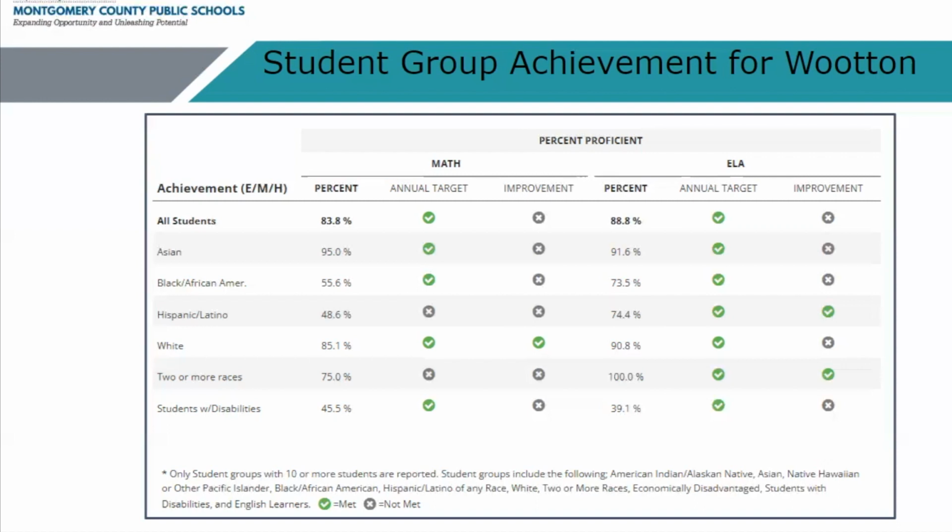Sure. I'll start with the academic one, and then I'll also give an example of where we would do something different. So I'll start with academic improvement, and generally schools' approach, and this is very consistent in MCPS, is we are going to write our school improvement plan with two major goals. One is going to be a literacy goal, and one is going to be a math goal.